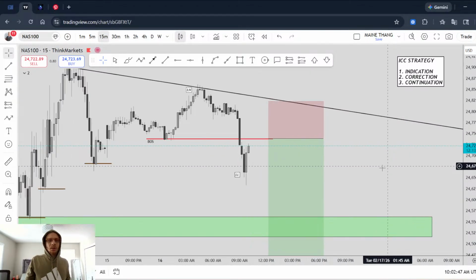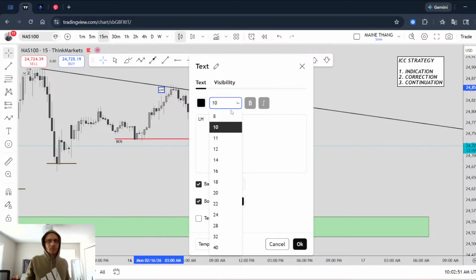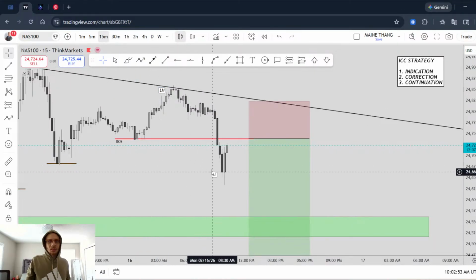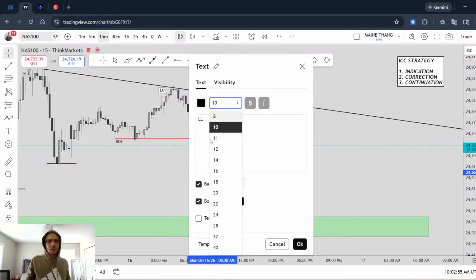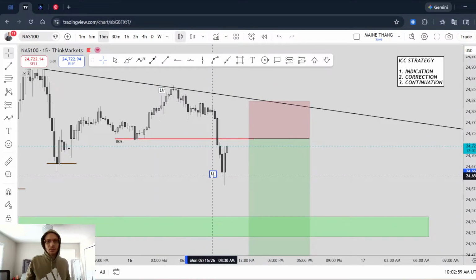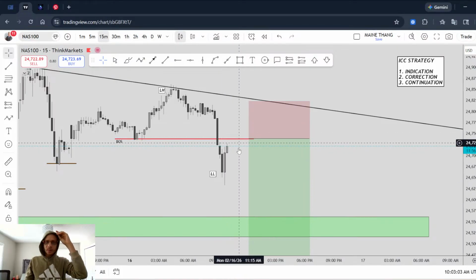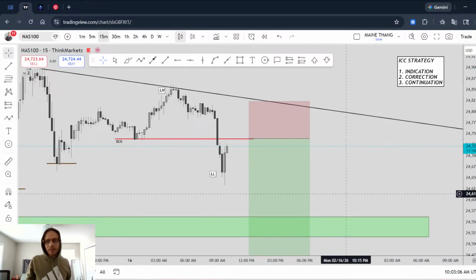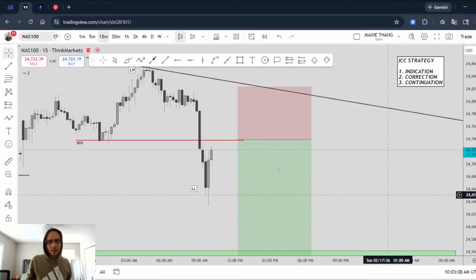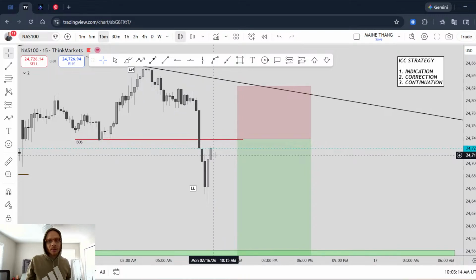All right, y'all. Let's see, go up a little bit more. Our perfect setup would be this candle closes above it, and then we get some type of engulfing right after it.